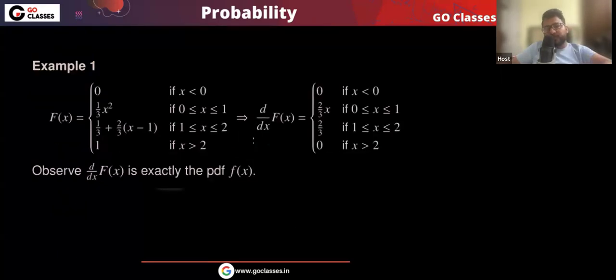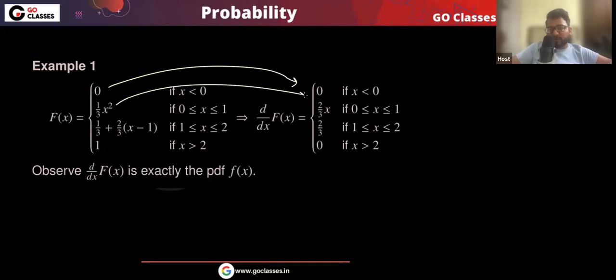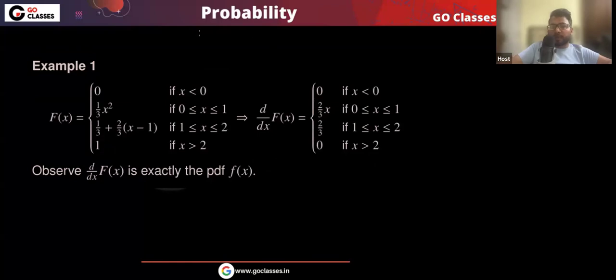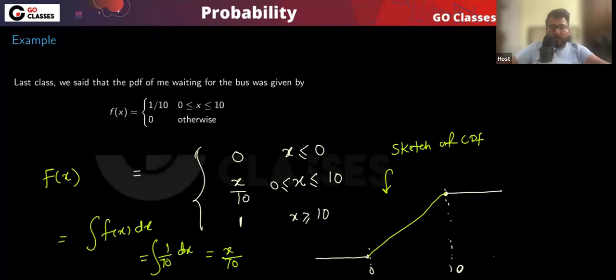So if you differentiate each of these terms, the derivative of 0 is 0, and the derivative of 1/3 x squared is this, and this, and this, right? That's very, very easy. Okay. Differentiation of piecewise functions, if you have difficulty, don't worry, we will be covering everything in the calculus. Okay.